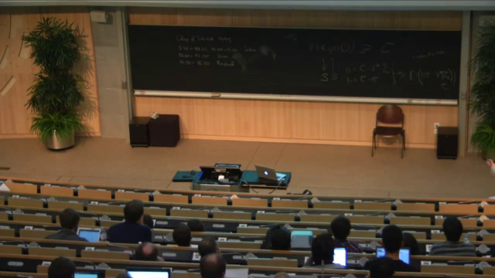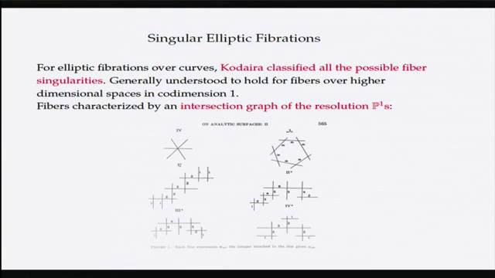Okay, so the one question is then, what types of singularities can we have in elliptic curves? Just looking at elliptic curves fibered over one-dimensional complex curves, Kodaira classified all the possible fibers. The way you understand these things is not by just looking at the singular equation, but you need to actually resolve the equation and find the intersection graph in the resolved geometry. So you have the elliptic curve with a singularity.